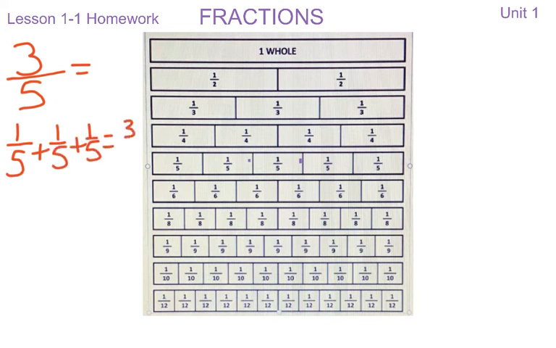And all I do is add the numerators straight across the top. 1 plus 1 plus 1 is equal to 3, and my denominator stays the same.